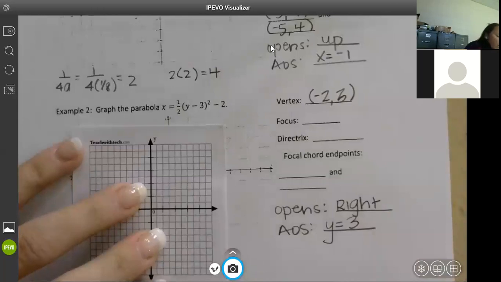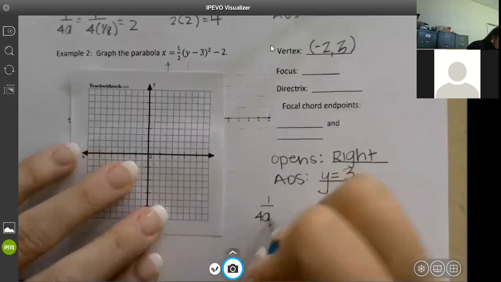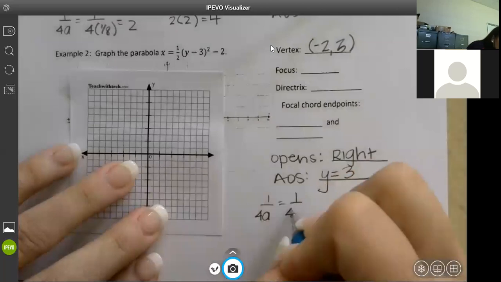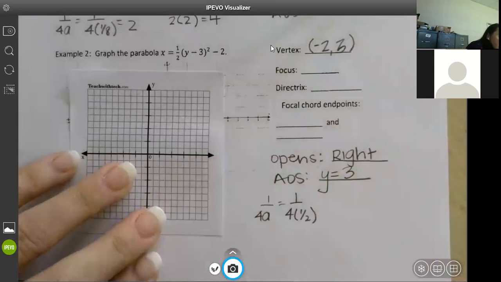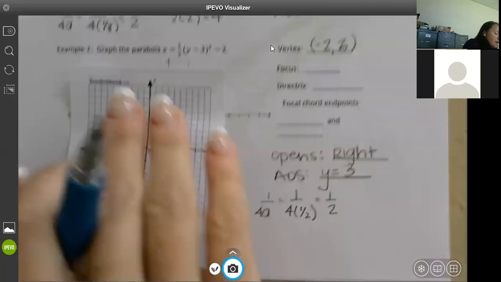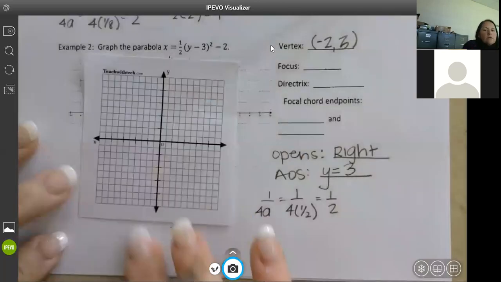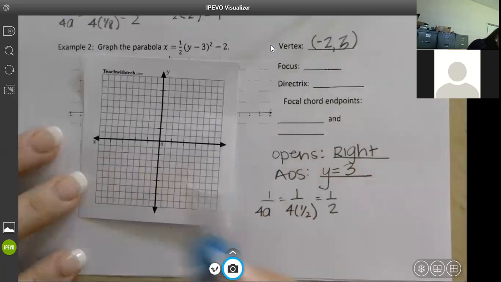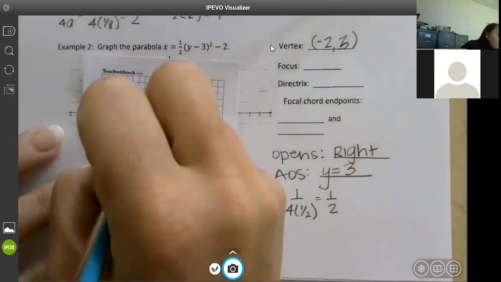So now we do 1/4a. Half of 4 is 2. So this is 1/2. So again, I'm going to try to get this all on there so you guys can see it. It's a little crooked, sorry. My vertex is at -2, 3, but at least you can see these coordinates. Okay, -2, 3.